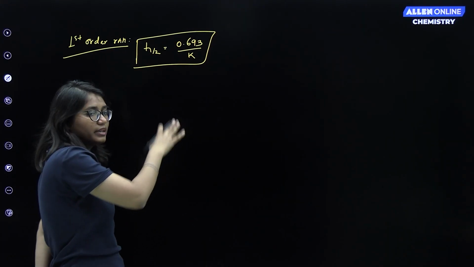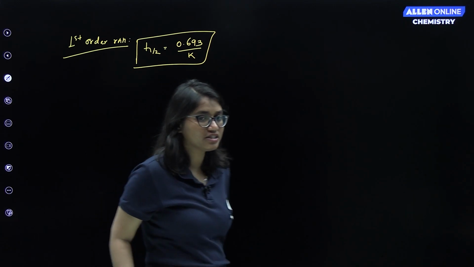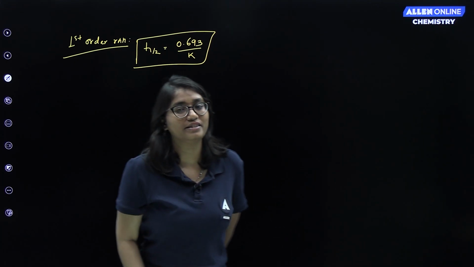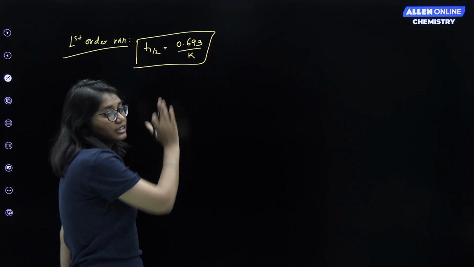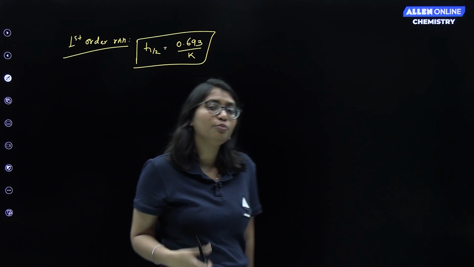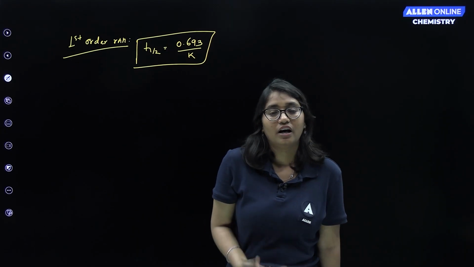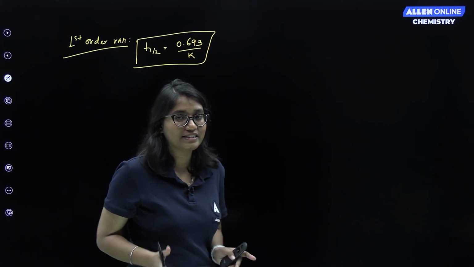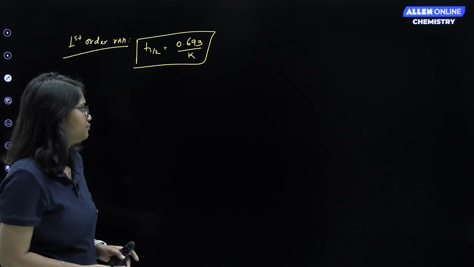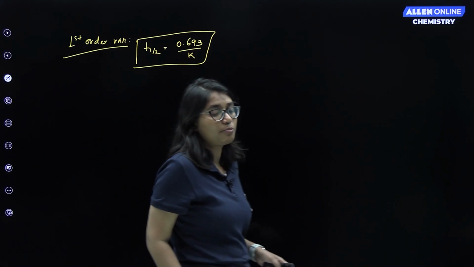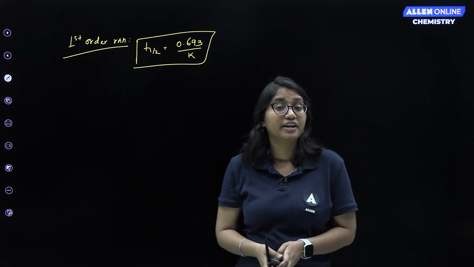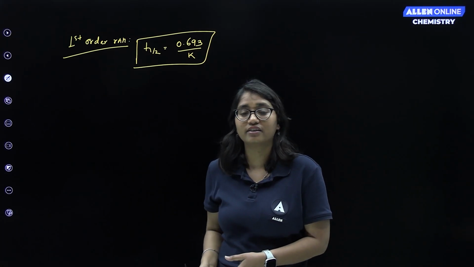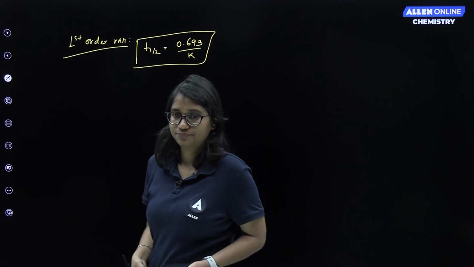There is no term in this formula such as initial concentration, right? That means half-life doesn't depend on concentration at all. No matter how much reactant we take, half-life remains the same. This is a very special property of first order reaction. Radioactive decay follows first order kinetics because of this reason.